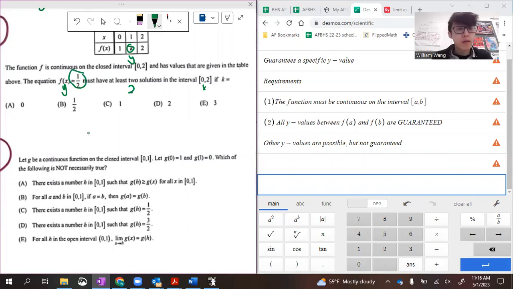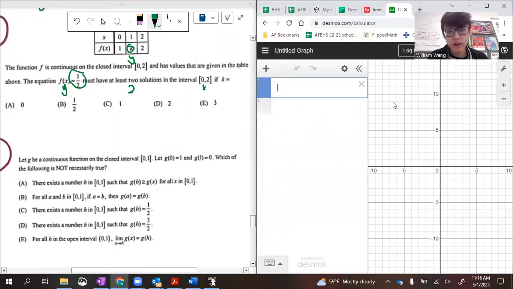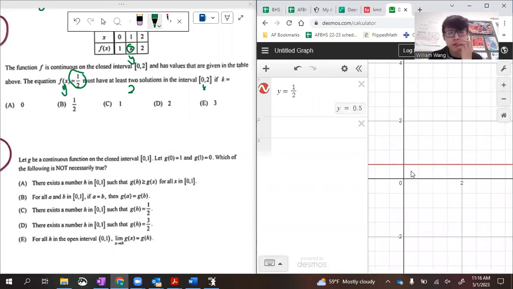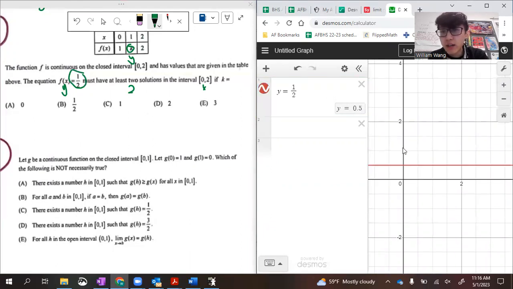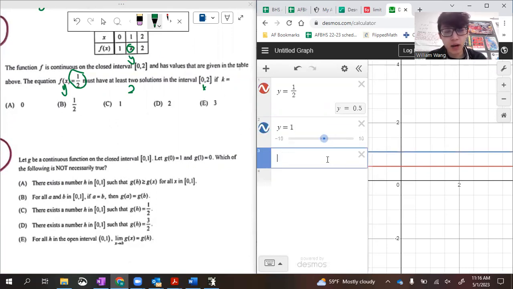Well, think about it this way. I have a y value of 1/2. So I'll say y is equal to 1/2. But I want to guarantee at least 2 times I cross this, right? Well, I start off at 0, 1. So I start off right here. I'm going to say I start off at y equals 1, and I end up at y equals 2.